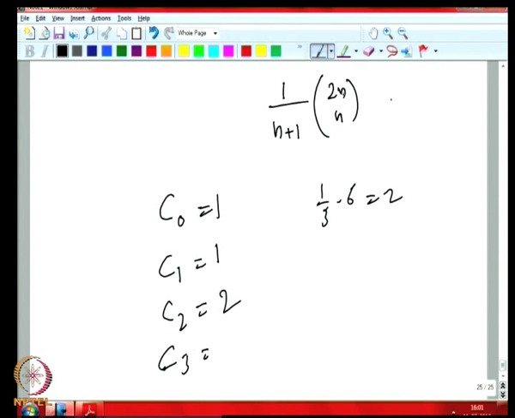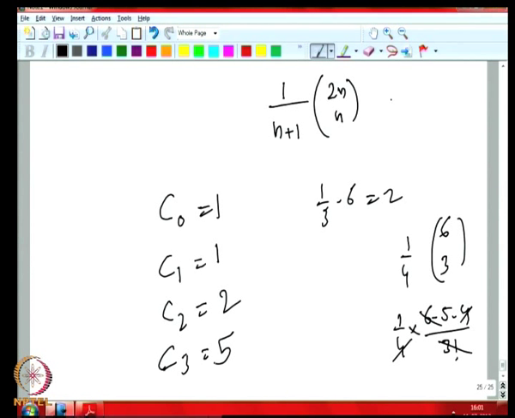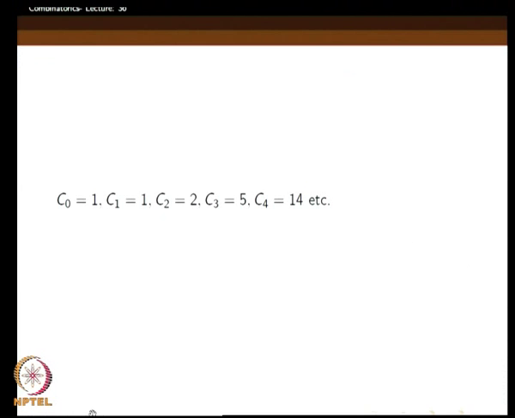And C 3 is 6 choose 3, and we have here 1 by 4, this is 1 by 4 into 6 into 5 into 4 divided by 3 factorial, this and this goes and this goes, this is just 5. And again a few more numbers we can calculate.